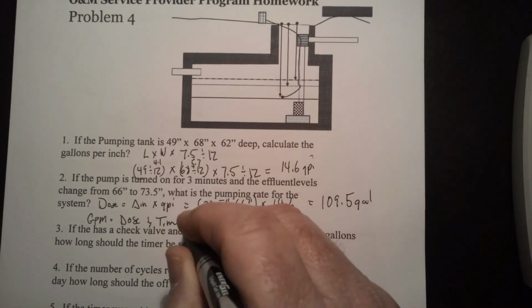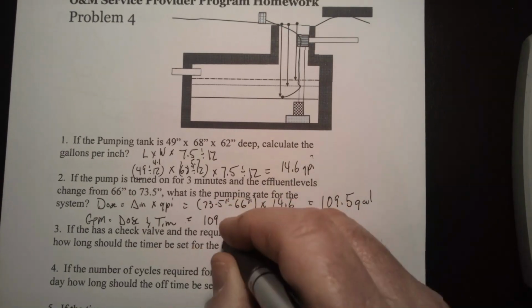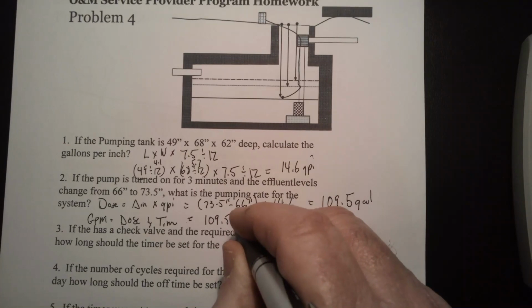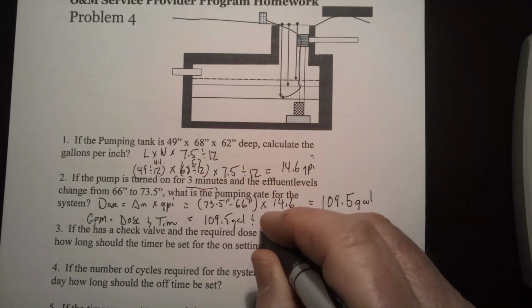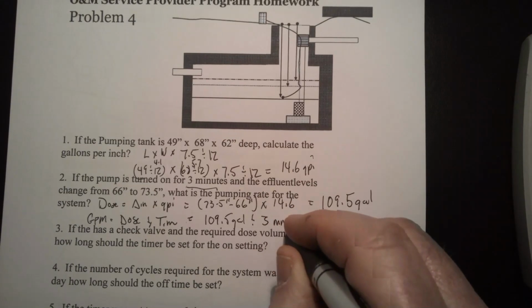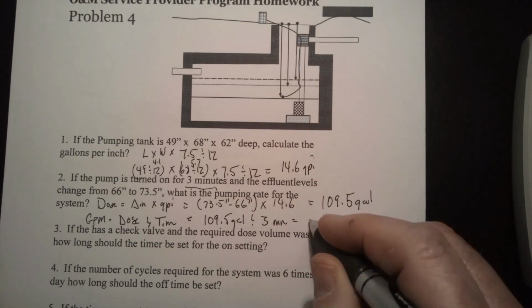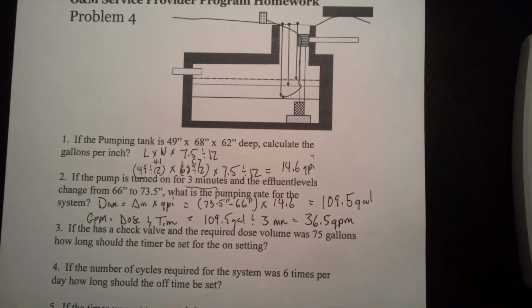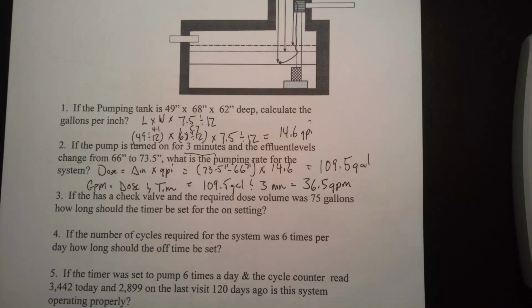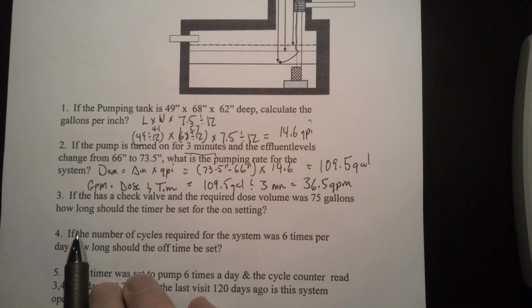My gallons per minute then is equal to the dose, which is 109.5 gallons, divided by the time, which in the problem is 3 minutes. So it's operating at 36.5 gallons per minute.